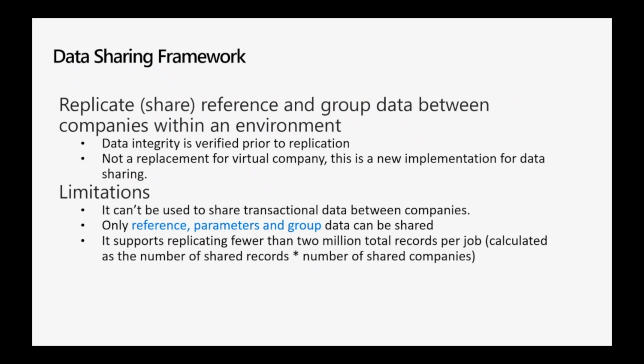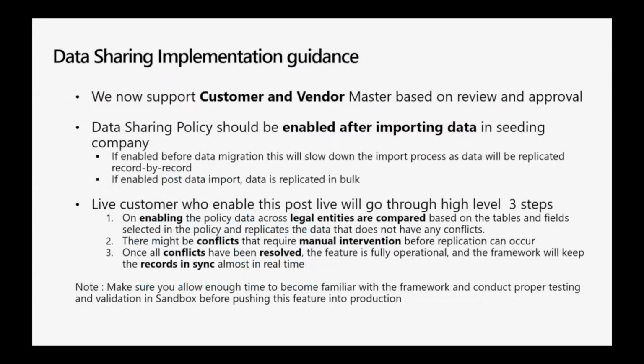This would be the number of shared records multiplied by the number of companies that are enabled in the sharing. We have also now enabled sharing for customer and vendor, but at this moment this is still something that needs to be reviewed, and you need to get an approval before we activate it for you.